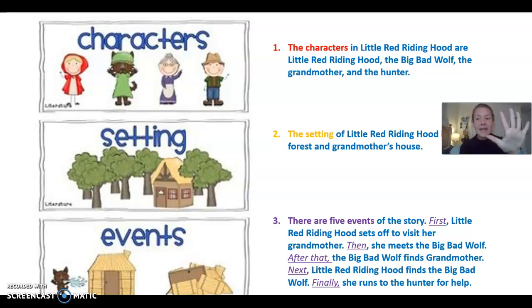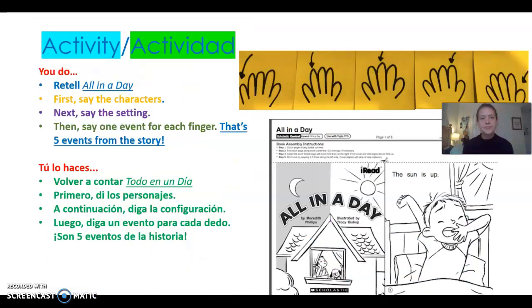And then finally, or the last thing that happened, was that Little Red Riding Hood ran to the woodsman, or the hunter, for help. So I gave you my characters, my setting, and then I gave you 5 events of the story. That was a whole retelling. Even if you hadn't read Little Red Riding Hood, you would have a good idea about who's in the story and where it's taking place and all of the things that are happening, or all of the events.